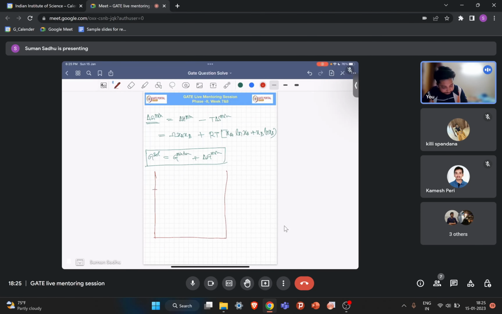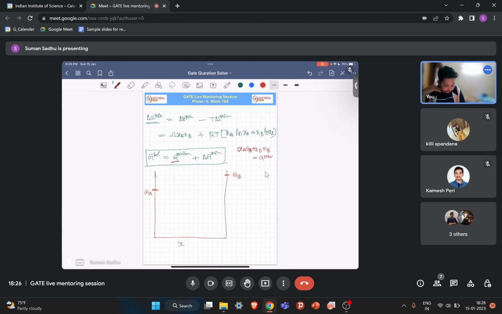So let's say this is Ga and this is Gb. So Ga is the molar free energy of pure A and Gb is the molar free energy of pure B. Okay, so now what will be the G of mixture? G of mixture is Xa Ga plus Xb Gb, right?